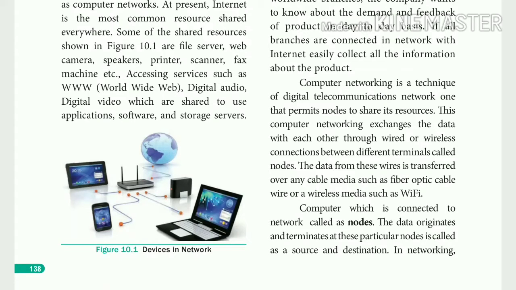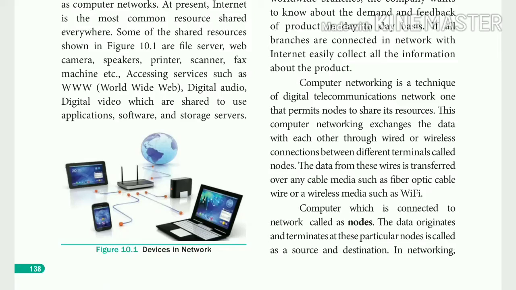Okay, so this computer network exchanges data with each other through wire or wireless connections between different terminals called nodes. So the data from this wire is transferred over a cable medium such as a fiber optics cable, wires, or a wireless medium such as Wi-Fi.